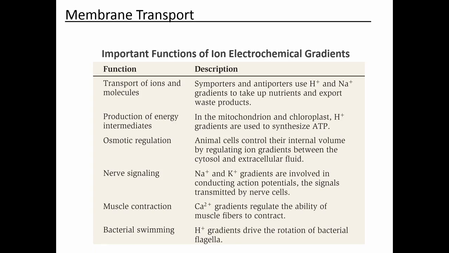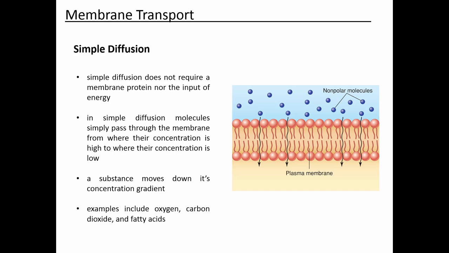So what we're going to do now is talk about our first form of transport, which is called simple diffusion. And as it says on the slide, simple diffusion does not require energy, and it also does not require a membrane protein.